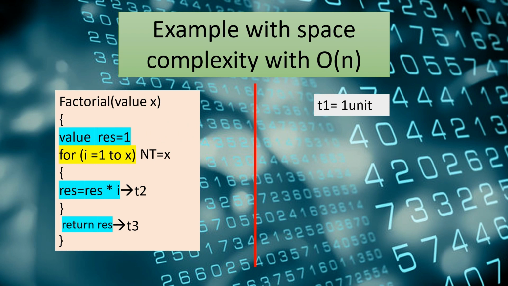We can see that there is a for loop in the next statement and it would be running x times. And time required for running operation 2 is equal to 1 unit for 1 execution. Therefore, t2 equal to x into 1 unit, which is equal to x unit, because we'd be running the loop for x times. And in the final step, t3 equal to 1 unit.